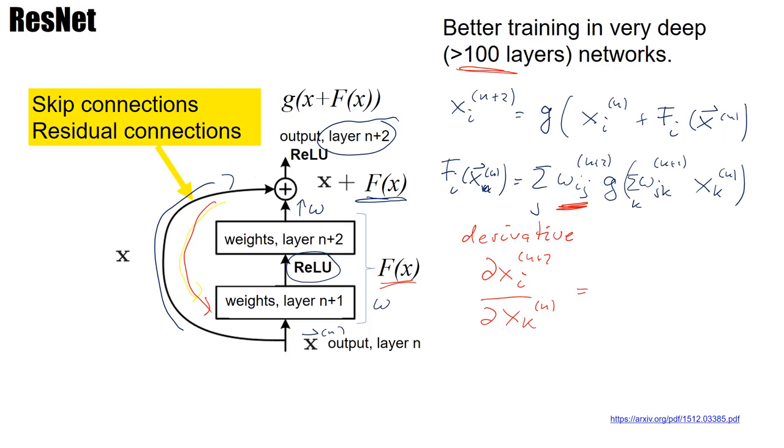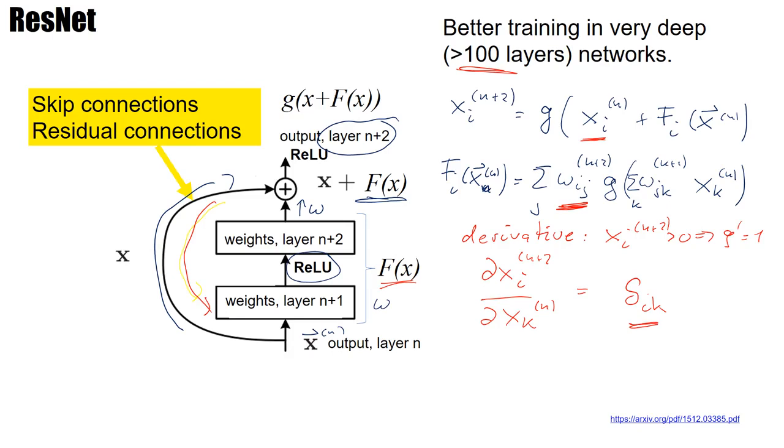Then, because of this term up here, I always get a delta_ik, and let's suppose that for this unit i, the output is positive, so that g prime is 1, and then you see that you get directly this term, which is just the identity.